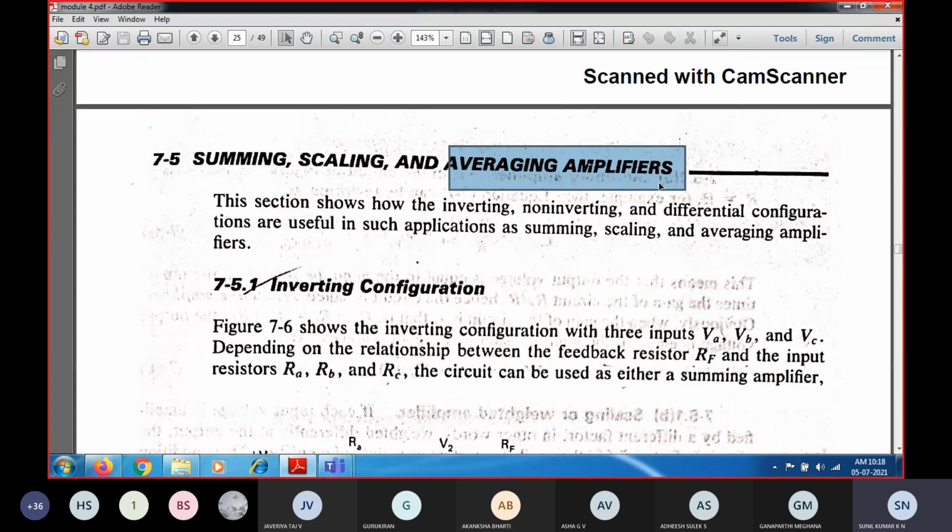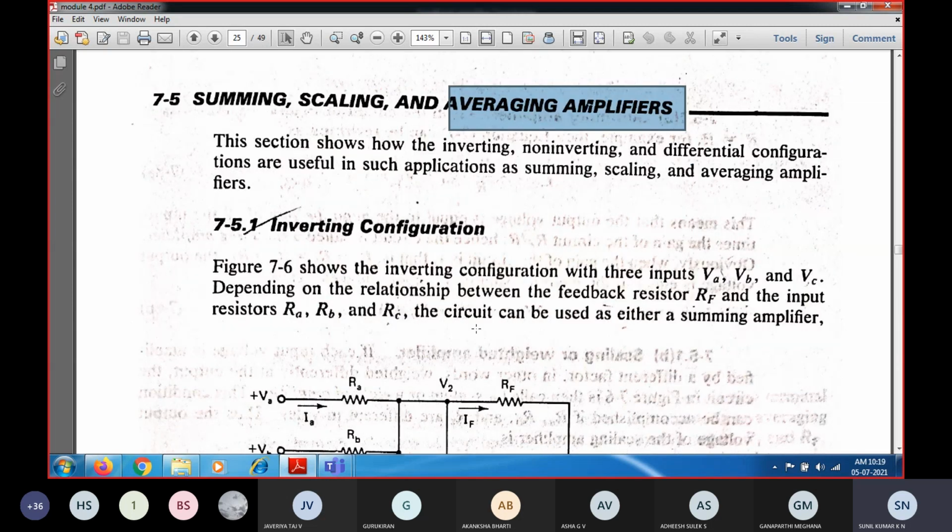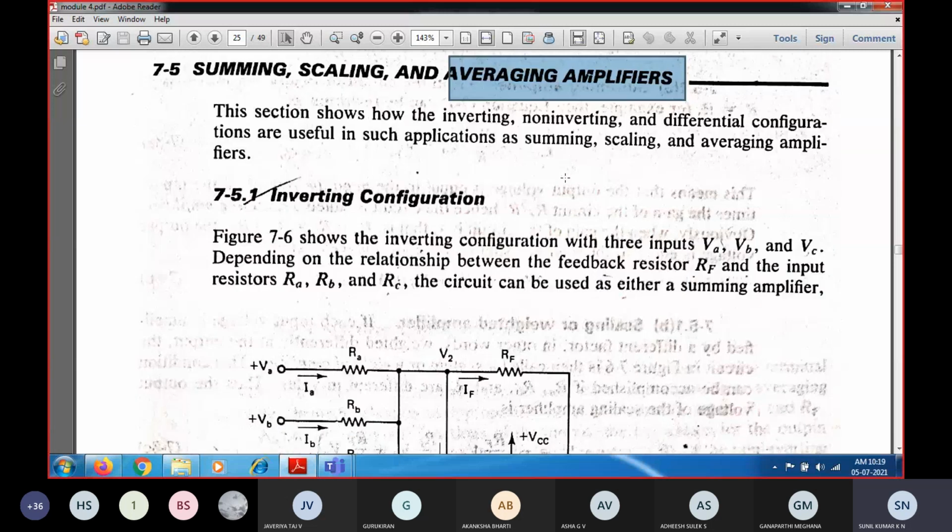So the circuit is designed in such a way that the output is equal to the average of the three input voltage sources: V0 equals V1 plus V2 plus V3 divided by 3, because there are three inputs. That circuit is called an averaging amplifier. So we will see the summing, scaling as well as averaging amplifier.